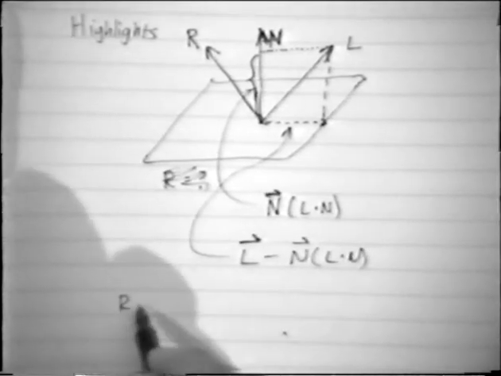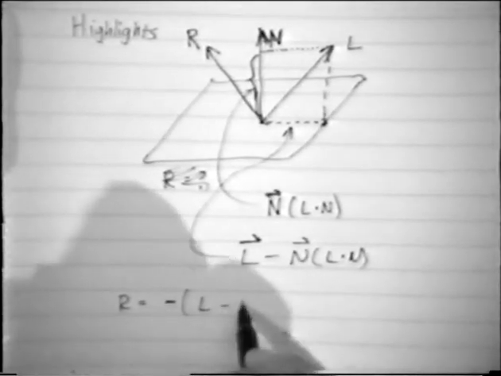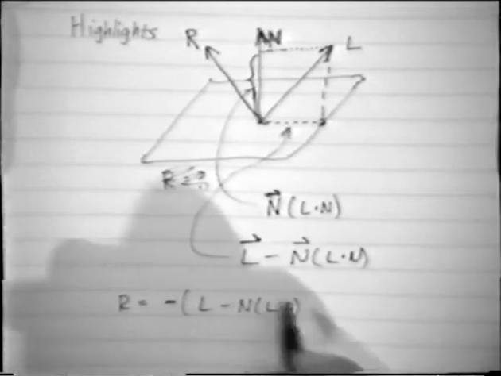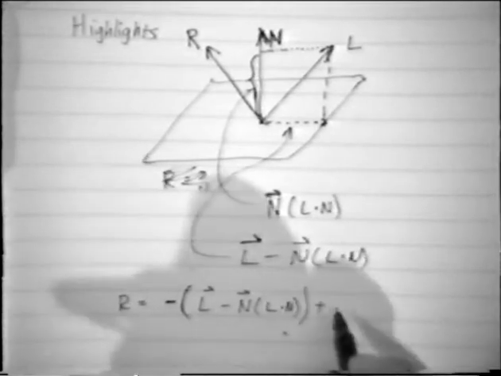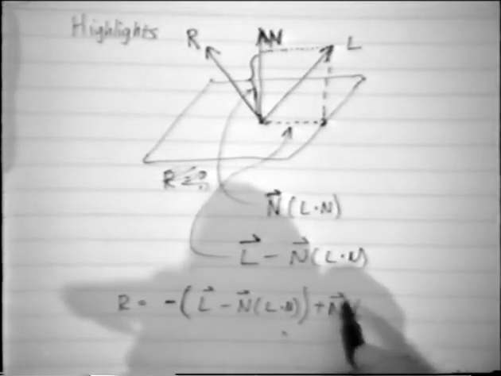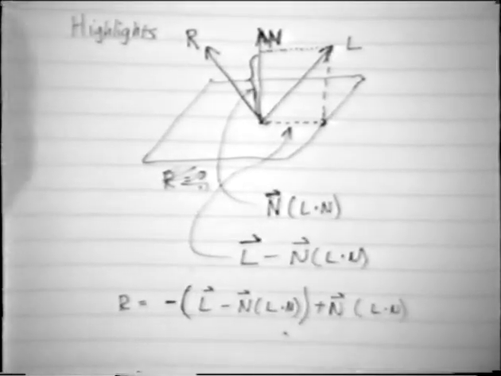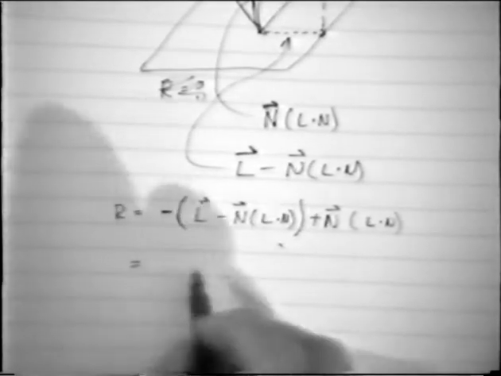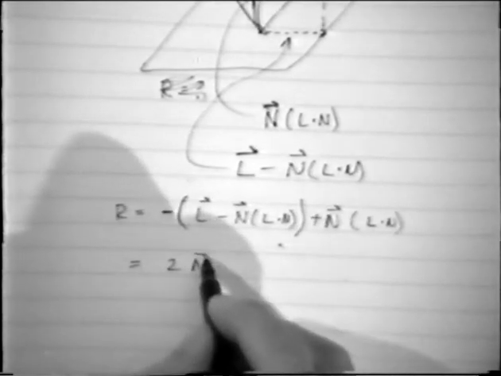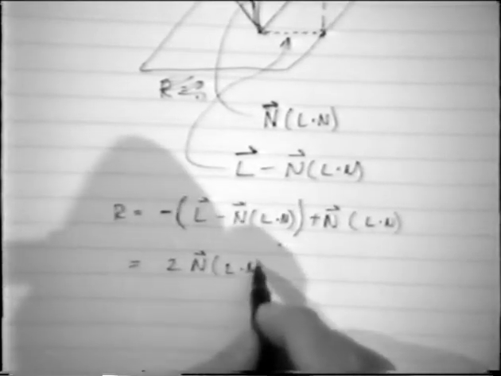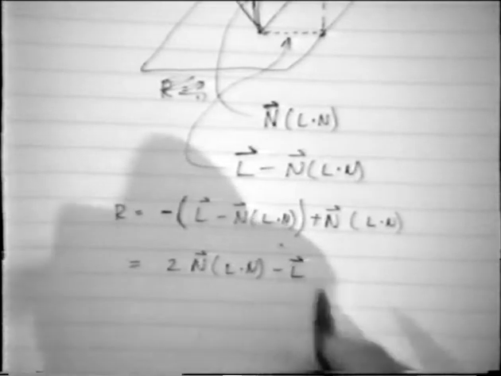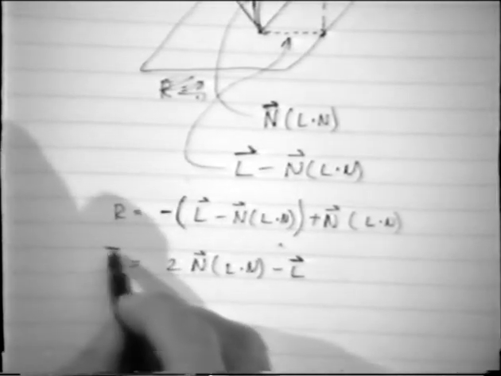So R equals minus (L minus N times L dot N) plus N times L dot N, right? And you munch around with that a little bit and you can come up with 2N times L dot N minus L. So that's the vector that all the light is going to bounce in.